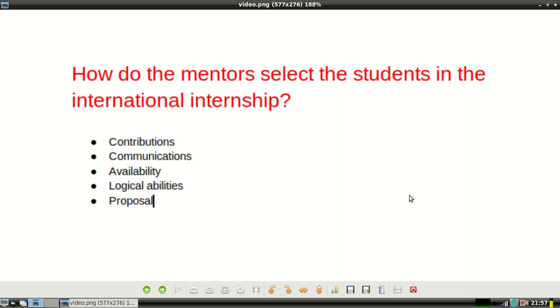And the third point is availability. Here, availability means whether you are available to spend some time on your project or not. This is mainly a time commitment thing.